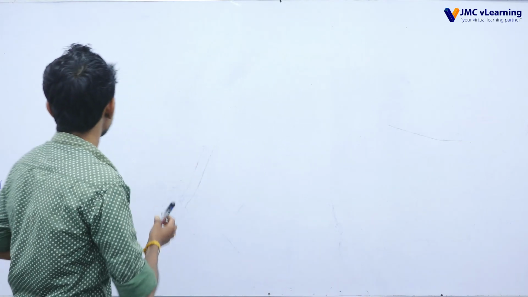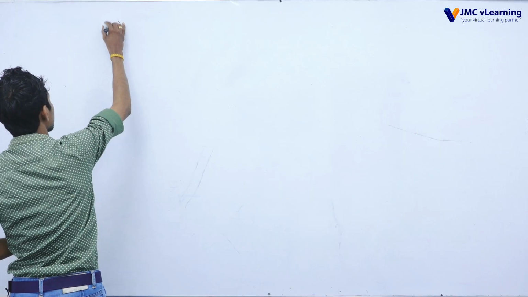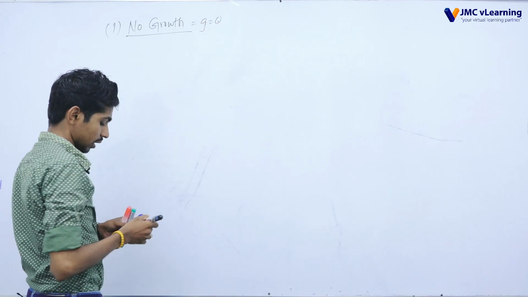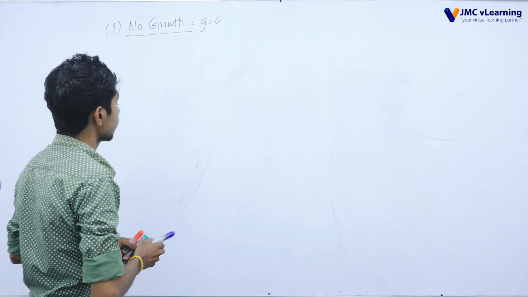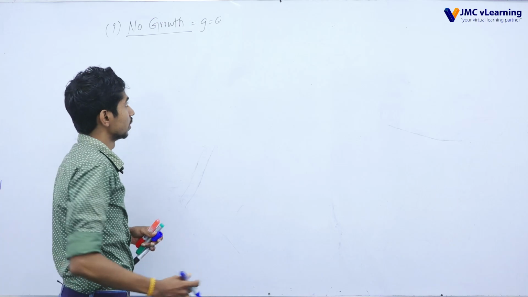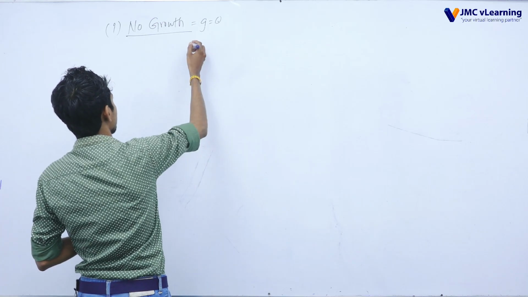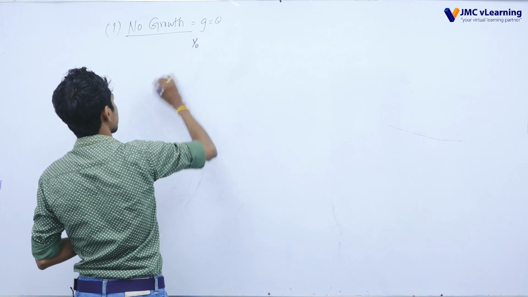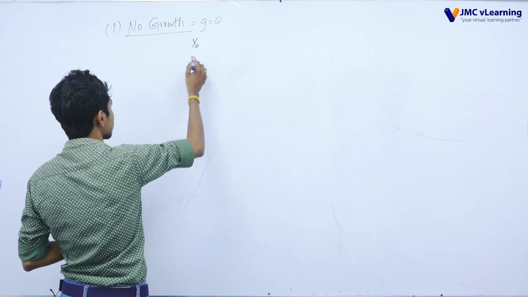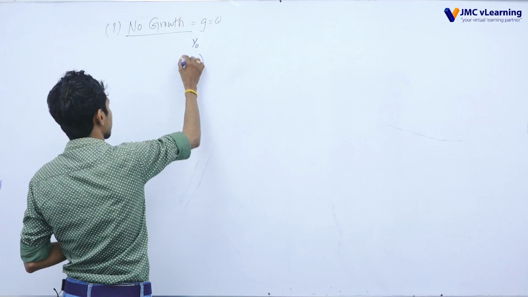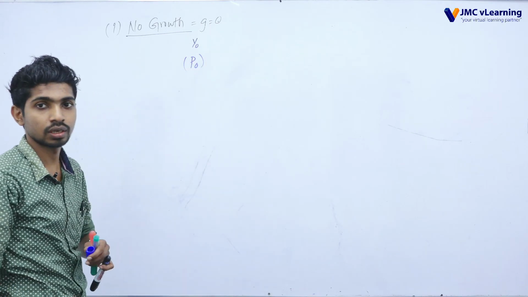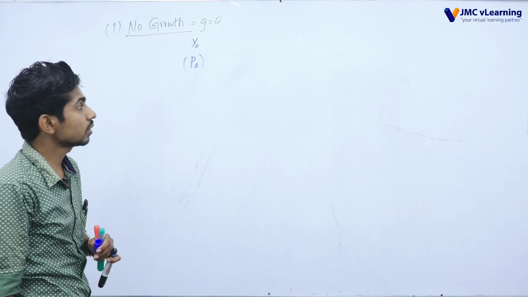Firstly, there is no growth. That is, G is 0, there is no growth. Then here we will take the dividend. That means just now, at year 0, we purchase the particular share, from the investor's point of view.